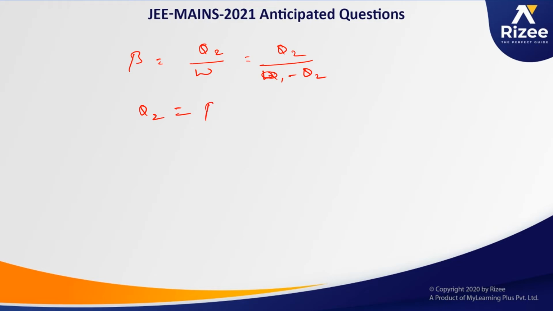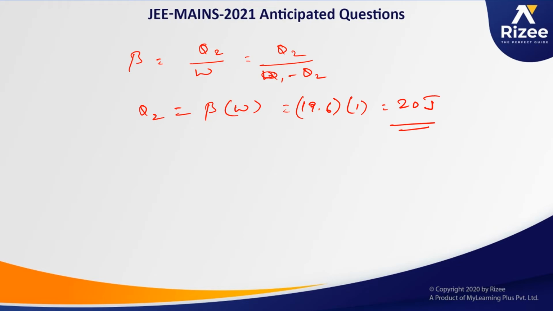It can be written as coefficient of performance into work done. The coefficient of performance is 19.6 and into 1, which comes out to approximately 20 joules. So this is the one given in the case.